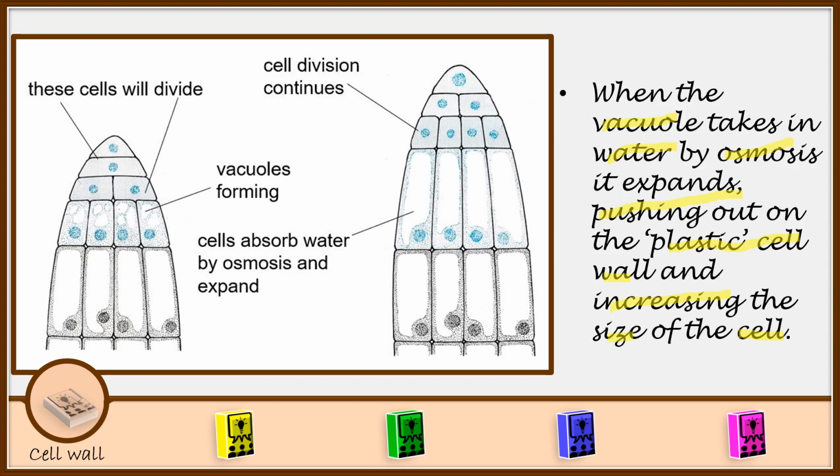So you can see here we have the vacuole, and that vacuole is absorbing water. And when it absorbs water, it is going to push on the plastic cell wall. As it pushes on the plastic cell wall, there is going to be an increase in the size of the cell.